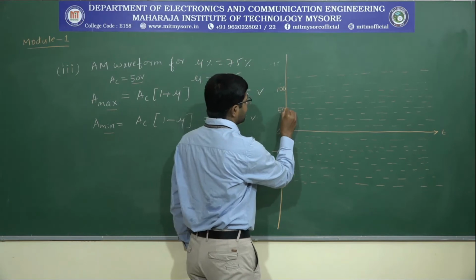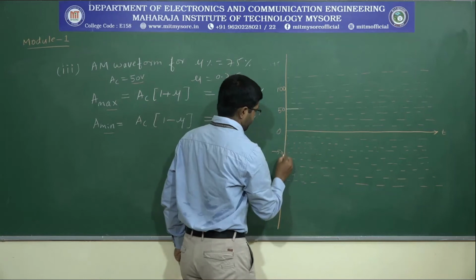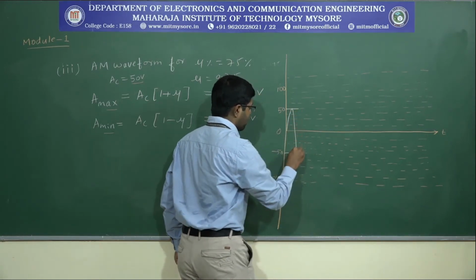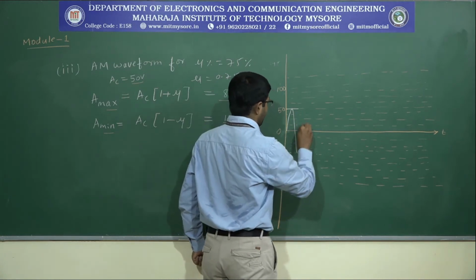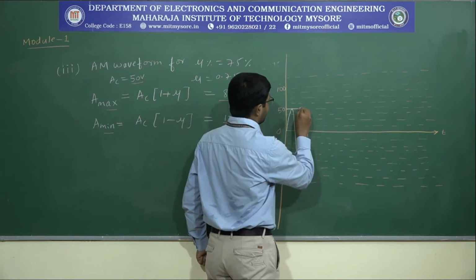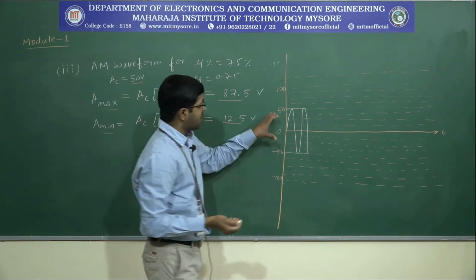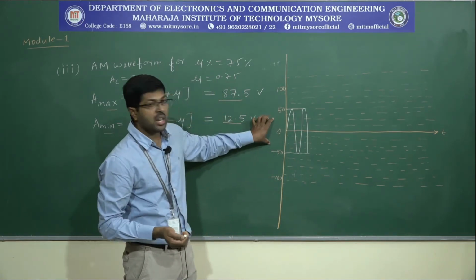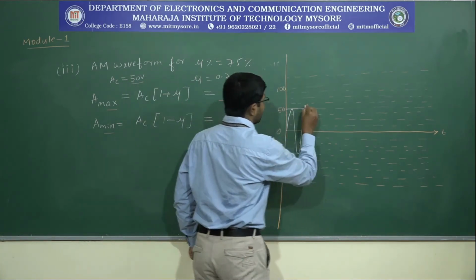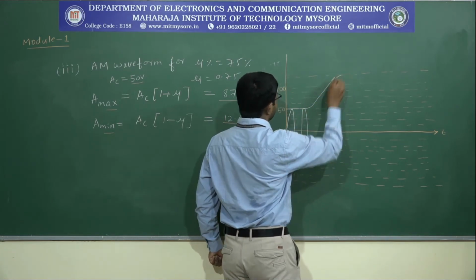Before that, let us simply show the carrier amplitude. The carrier signal might be a 50 Hertz signal, which is like this. It is just to help you understand that the carrier signal has a 50 volt amplitude, but the actual signal will start from here, in accordance with the message signal.